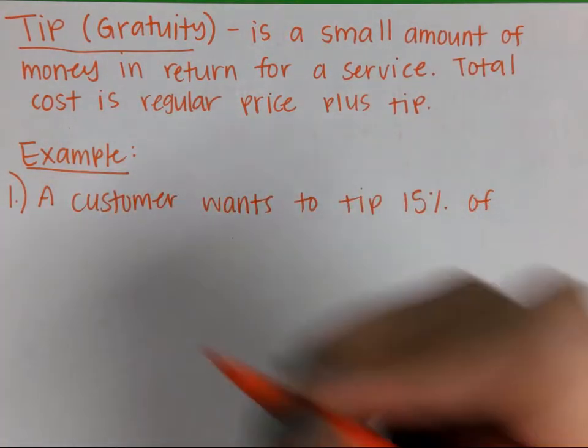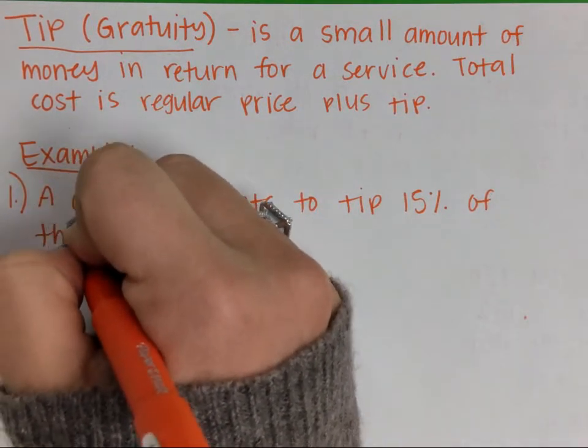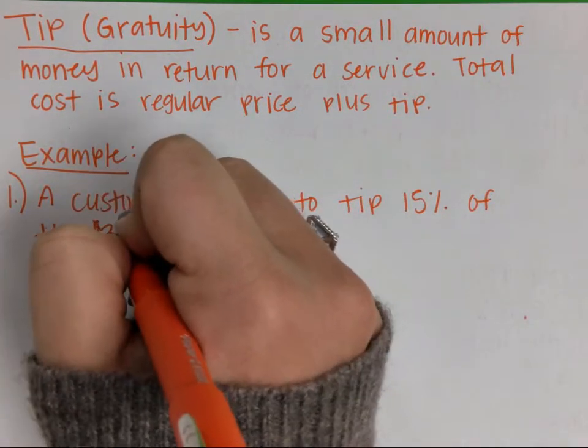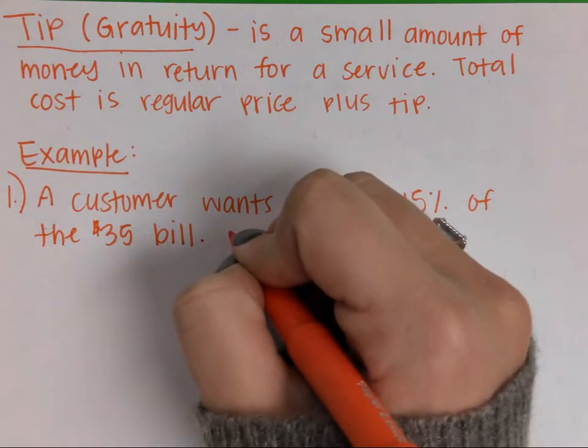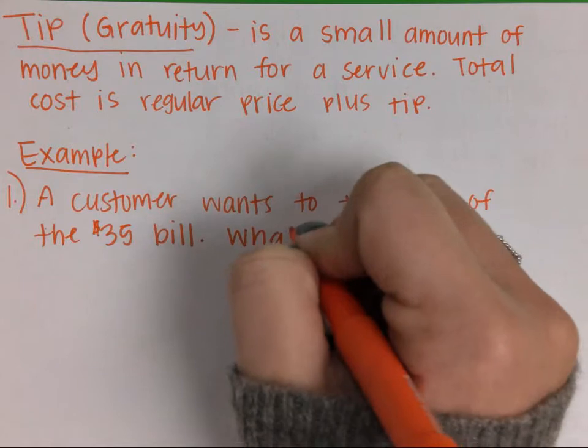So we're tipping 15% of the $35 bill. And then, of course, we want to find what the total is.